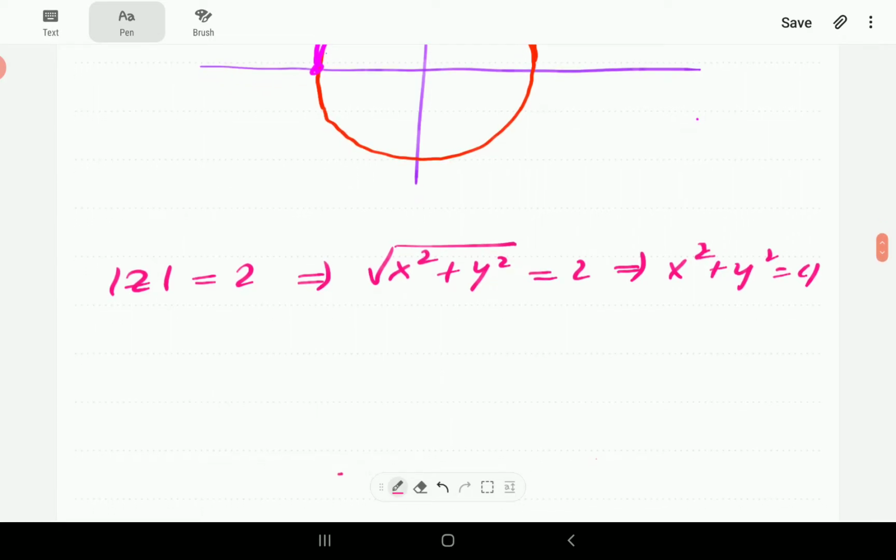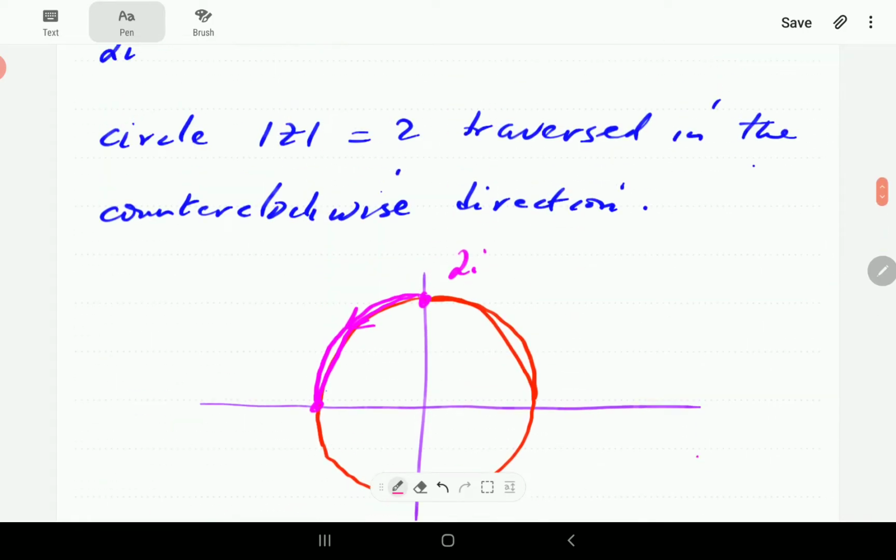Now what we're going to do is let x be 2 times cosine theta. This is just your standard polar coordinates, where 2 is our r in this case. Then y is going to be 2 times sine theta.